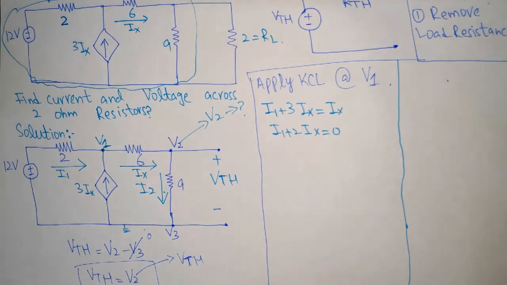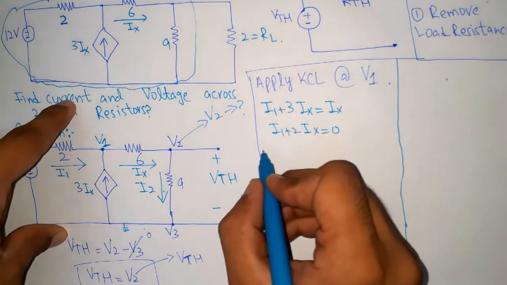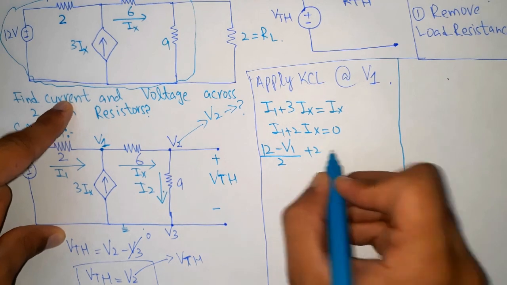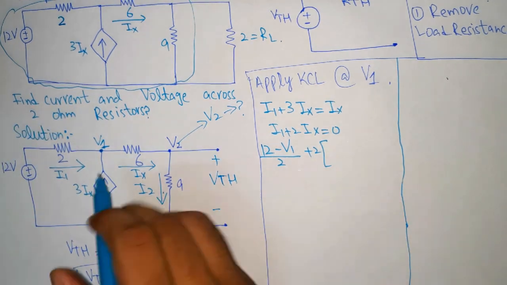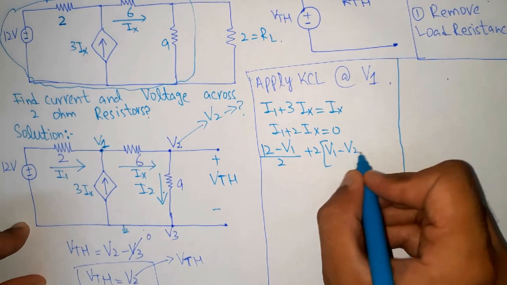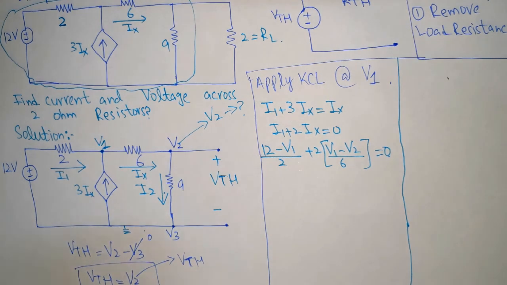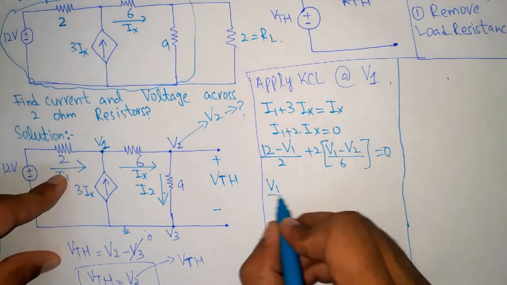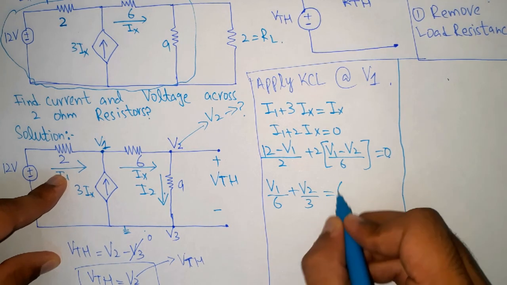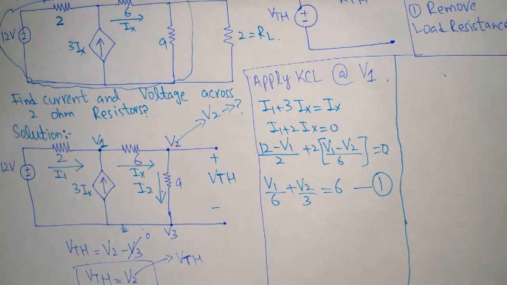Now I1 will be equal to (12 minus V1) divided by 2, and Ix will be equal to (V1 minus V2) divided by 6. Simplifying my equation, it becomes V1 by 6 plus V2 by 3 is equal to 6, which is our equation number 1.